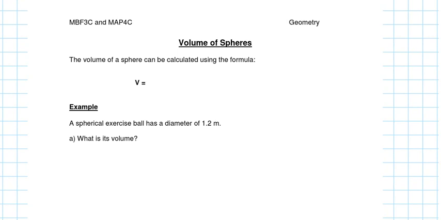The volume of a sphere, what is it from your formula sheet? 4/3 pi r cubed. So I only need the radius to find the volume of a sphere. A spherical exercise ball has a diameter of 1.2 meters.